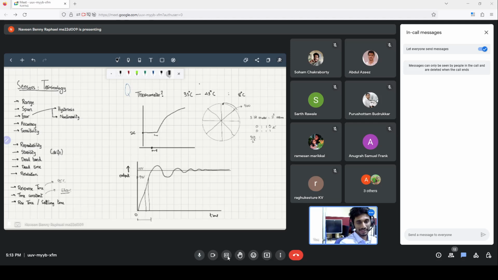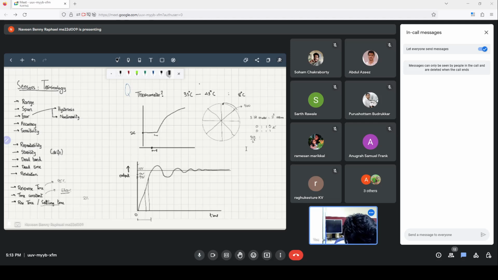The rise time and settling time. The settling time is more interesting, because say I want to find the settling time until it's within 2% of the output. That would be between 9.8 and 10.2.